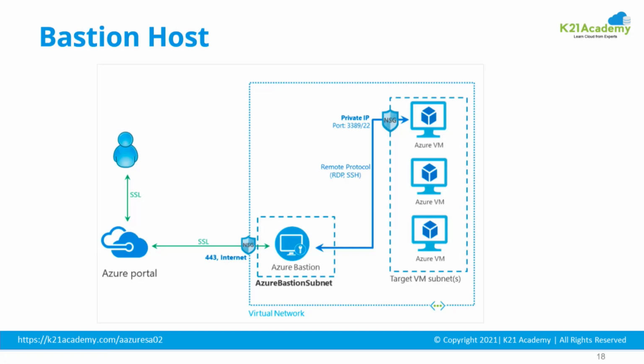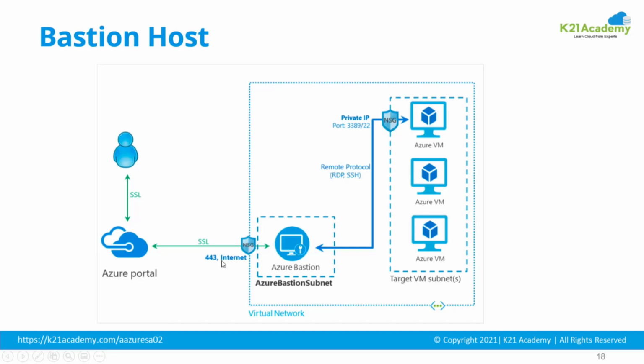what Microsoft Azure has introduced is a Bastion host, a server which accepts connections over the internet, but on SSL port 443, which is the HTTPS protocol. So instead of opening port 3389 or port 22 to the internet or your on-premises network, you first connect to a Bastion host on port 443, which is HTTPS.